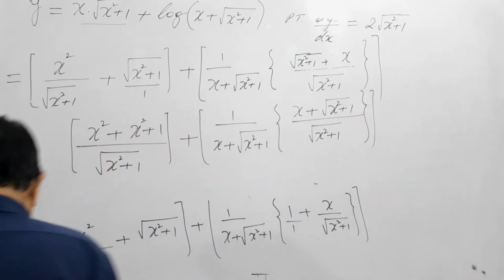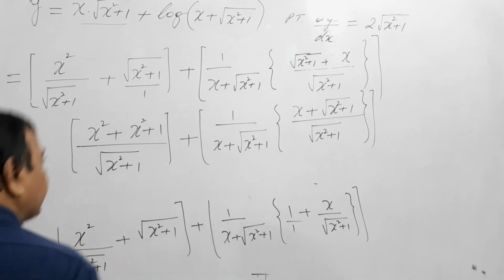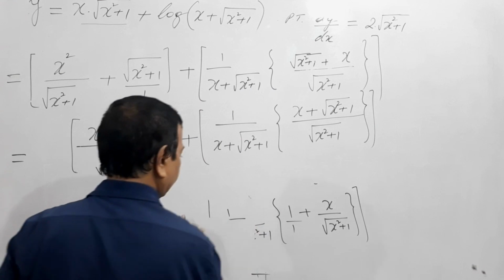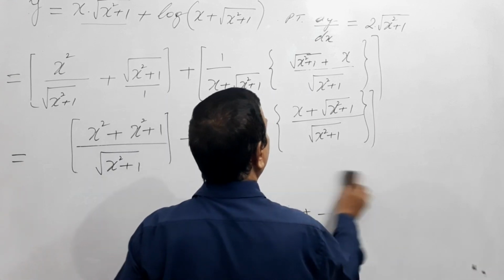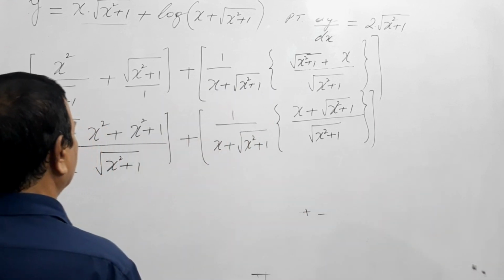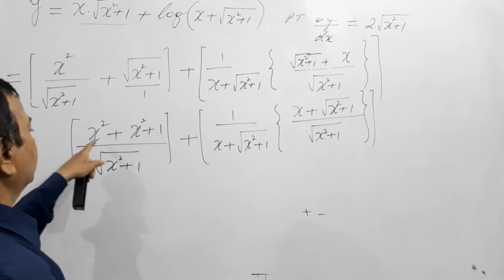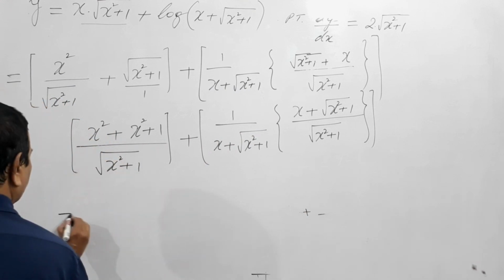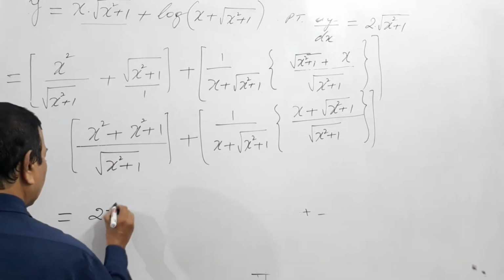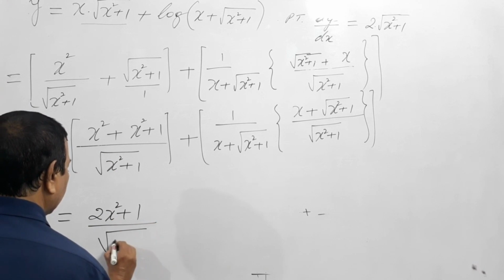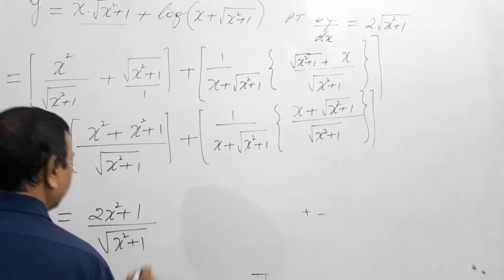Done. So what happens to this? No, this becomes 2x square plus 1, by under the root x square plus 1.